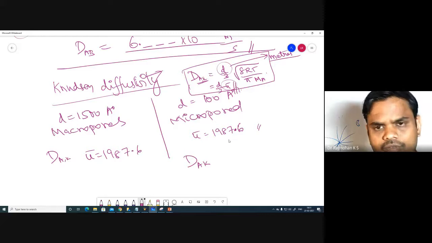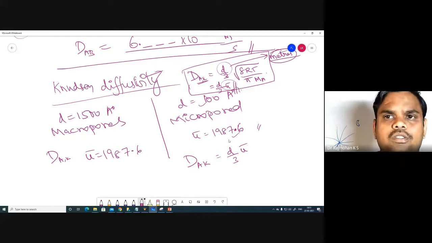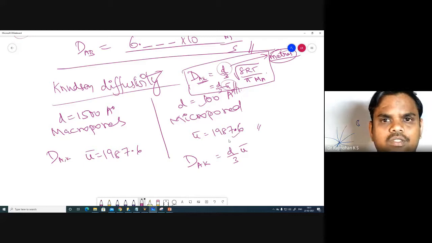General formula, DAK equal to D by 3 U bar. So substitute D value, U bar value. Only difference is D should be substituted in meters.